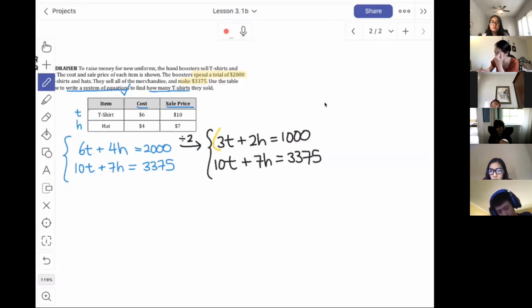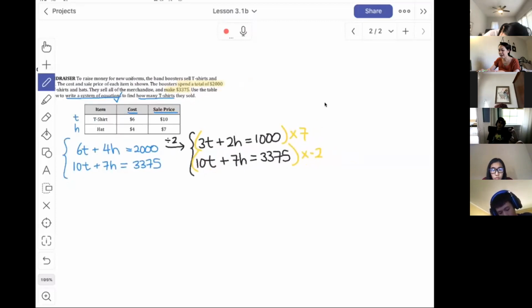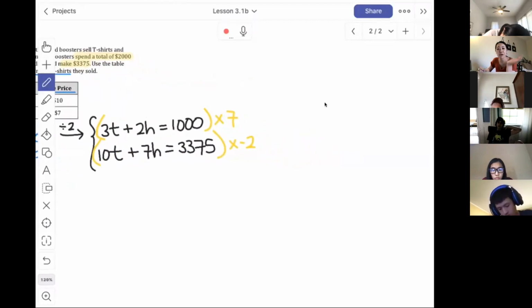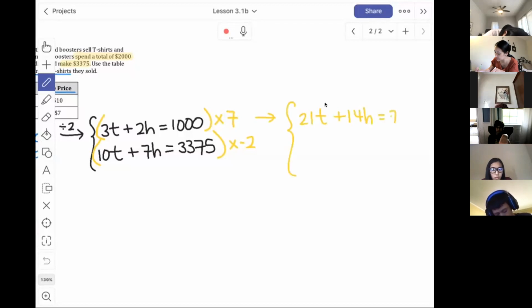So I'm going to multiply this top one by 7, and I'm going to multiply this bottom one by -2. That way, the coefficient of h will be 14 on top and -14 on the bottom, which will eliminate. All right, so this gets me 21t plus 14h is equal to 7,000.